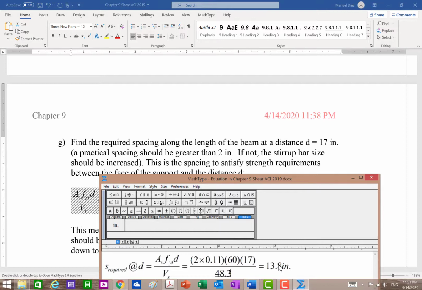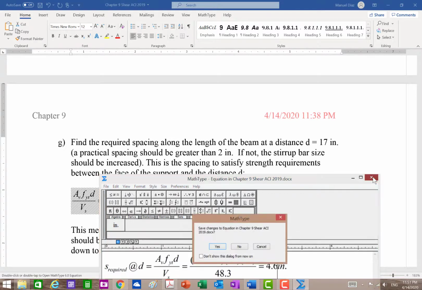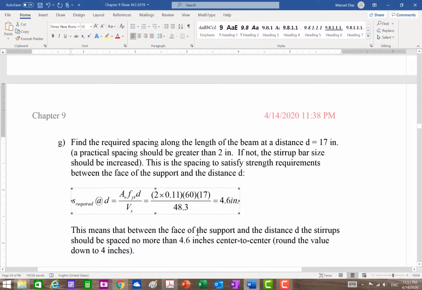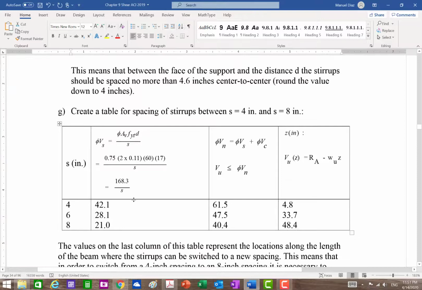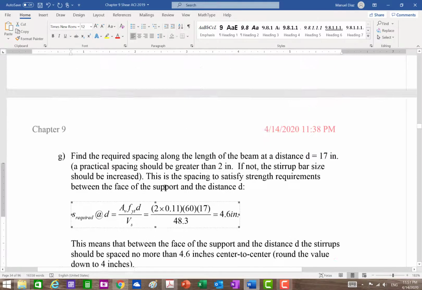Okay, so this value now is 4.6 inches. So that's what is required to carry that shear at the distance D. Right? That's the 4.6. So we're going to round it down to 4. All right, so that means that we're going to start from the face, right?